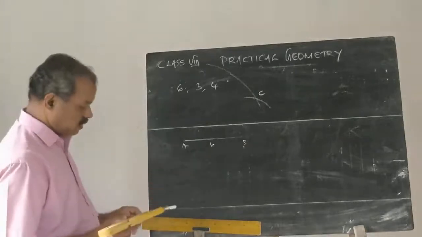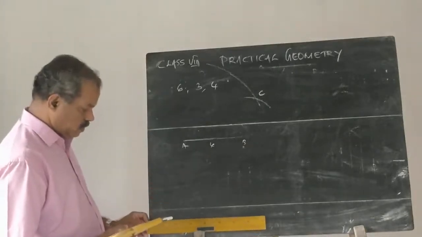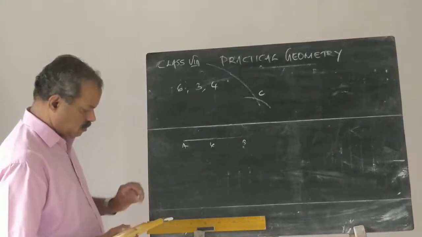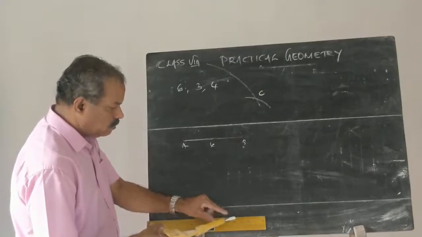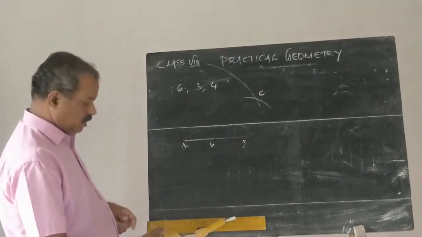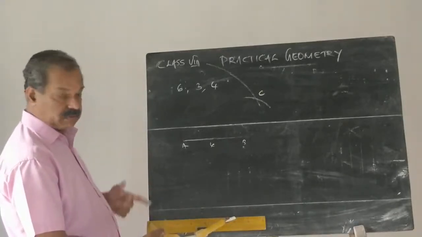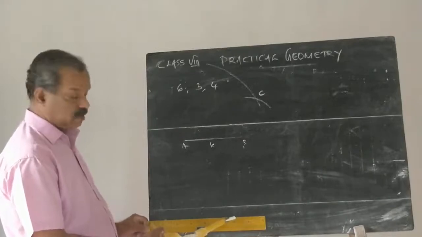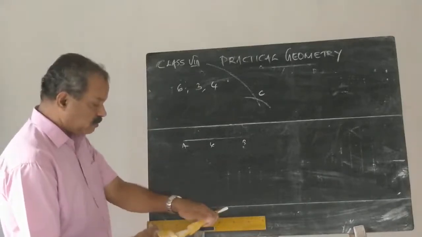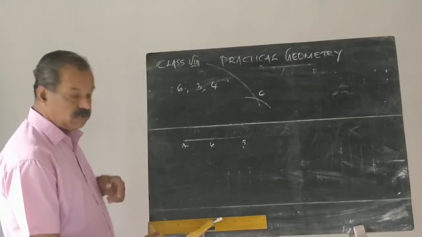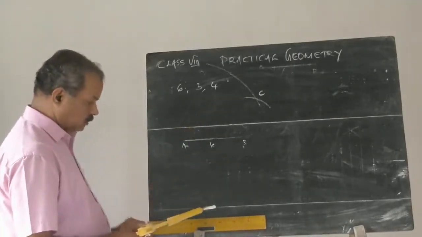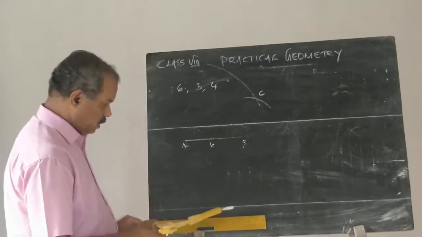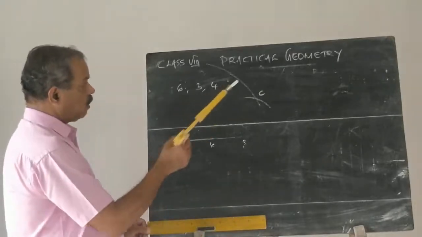If we want 5 centimeter, fix the pointer of the compass on 0, then 5 centimeter. Here 1 centimeter equals 5 units. So 25, 5 centimeter. Then take 5 centimeter and draw the arc from here, A.